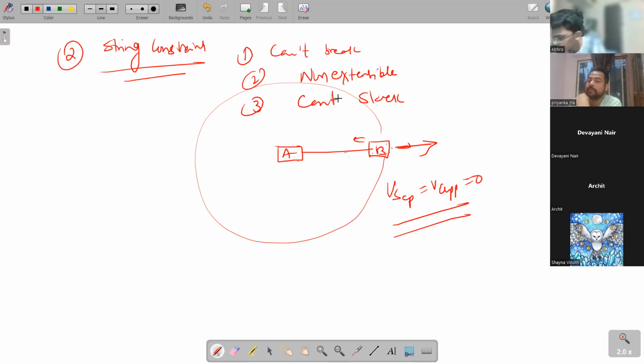That will violate this assumption. And if B moves this way towards A, in that case the string will slack. That is again the violation of this assumption. So that is not acceptable. So velocity of separation and velocity of approach have to be 0, because the string can neither be slack nor be stretched.